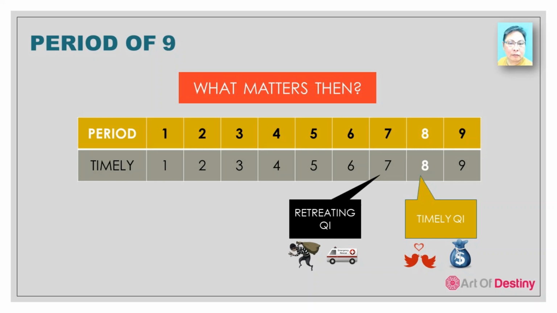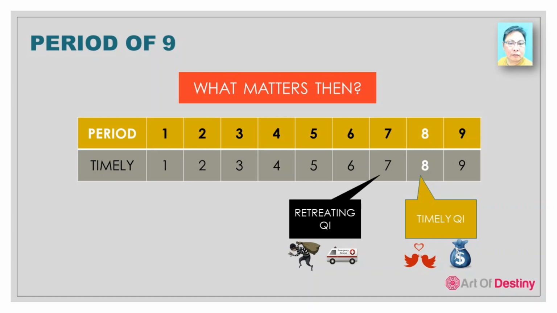Now the definition of property here can be your house, it can be your factory, it can be your office, it can be whatever, right? As long as it's a property, a physical building. Now what if you have a retreating qi? Then you experience things like money outflow, bad debts, lawsuits, relationships deteriorating, lots of arguments, you get scammed, right?